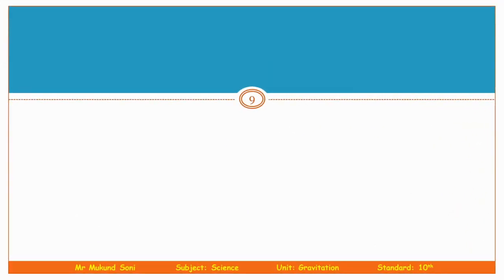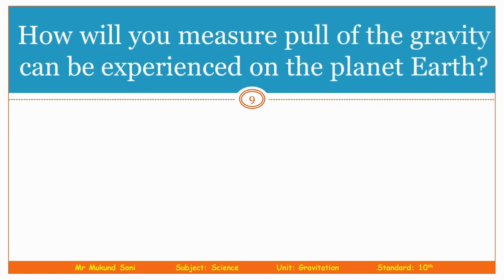Now, how will you measure the pull of gravity? Because as I said earlier, if my force is more than the pull of gravity, the ball can move upward. The rockets can go up.